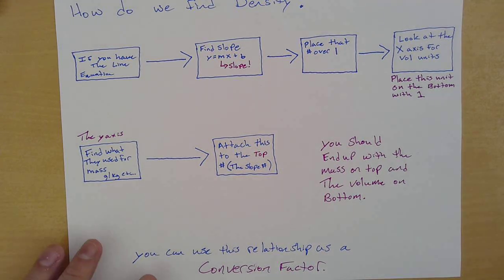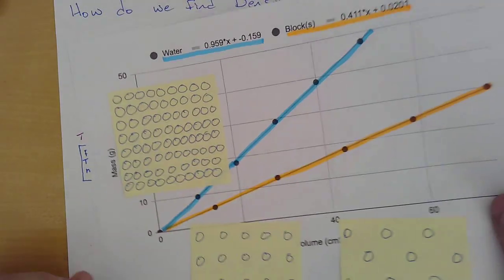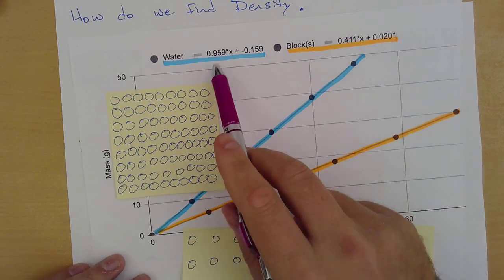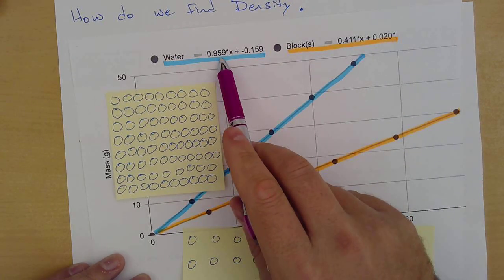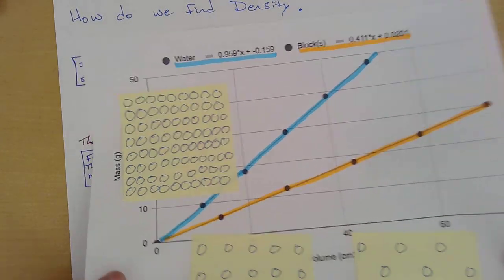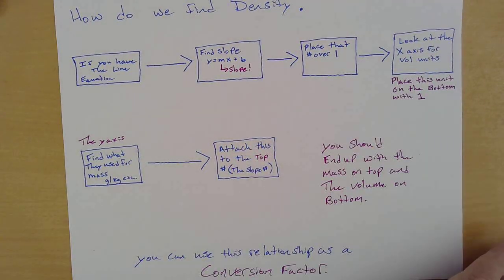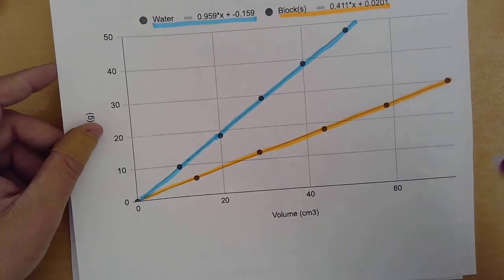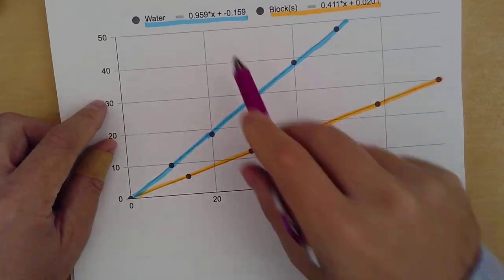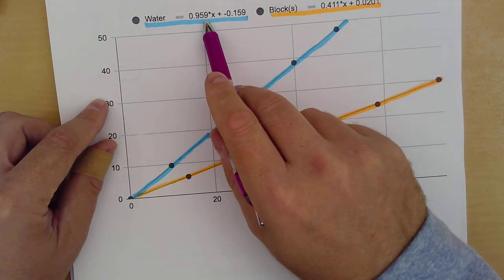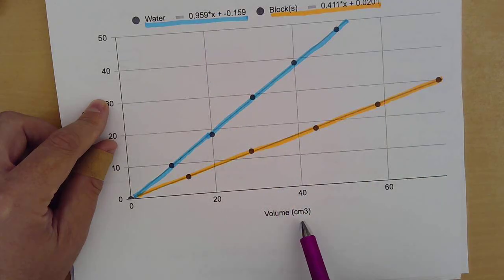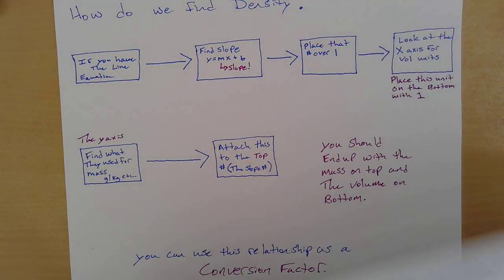So in our case with water, I use the exact slope I'm given, 0.959, and place that over 1. The next thing is I look at the x-axis, which gives me the volume units, so 1 cubic centimeter.